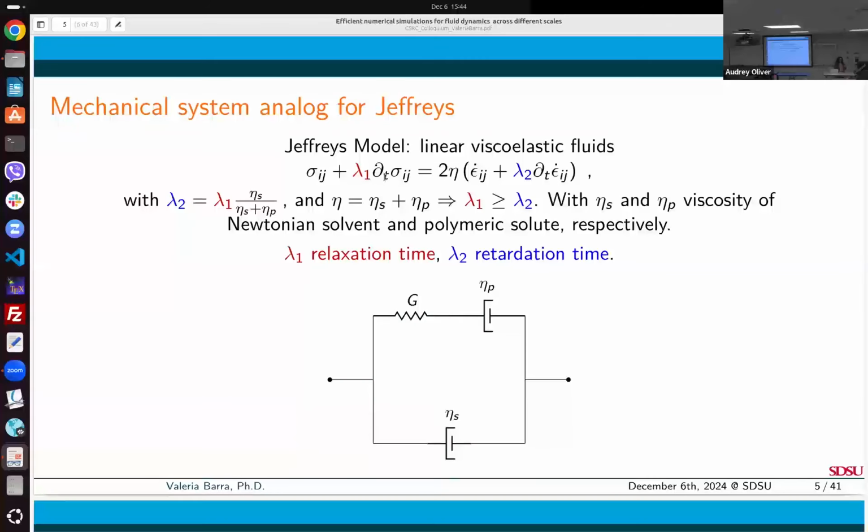However, it is a linear ODE for the stress tensor. There are also constitutive models that consider different derivatives of the stress tensor. For instance, one such model is called the Oldroyd-B model, which we did not consider in this work. So I hope that answers the question.